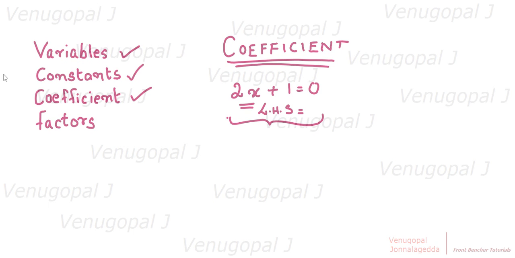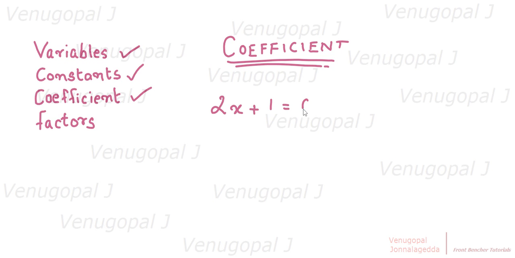Okay, so in this equation, why is it called an equation? Because you have an equal sign. Let me just rub this off and write it with more space to understand. So you have an equation called 2x plus 1 is equal to 0.